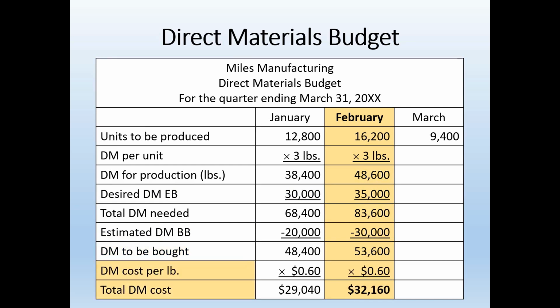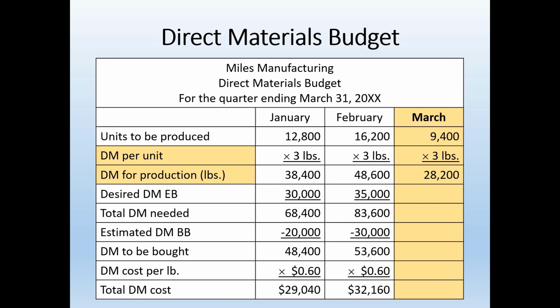Multiply that by the 60-cent cost per pound tells us that the firm needs a little more than $32,000 to buy materials in February. Same thing happens in March.